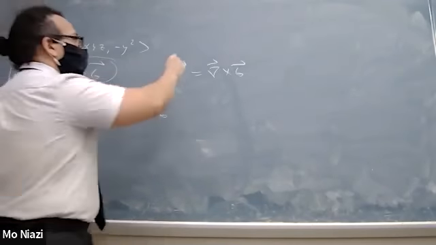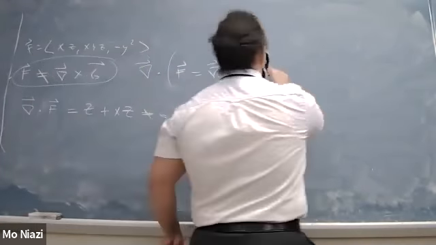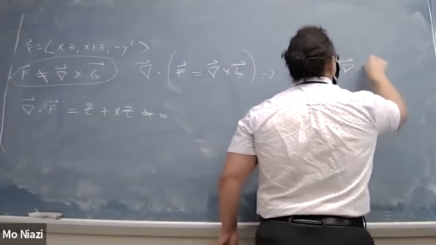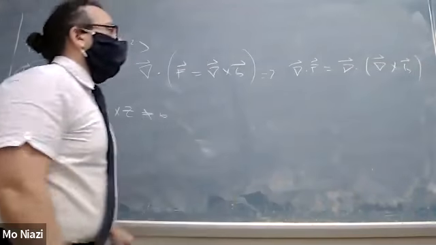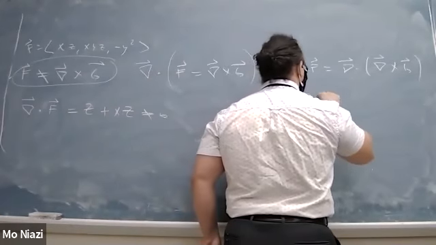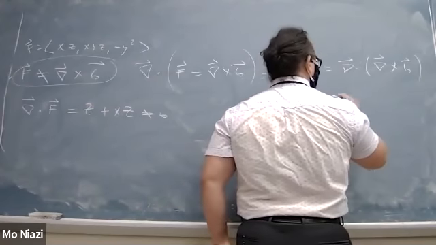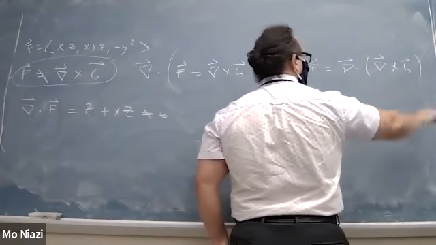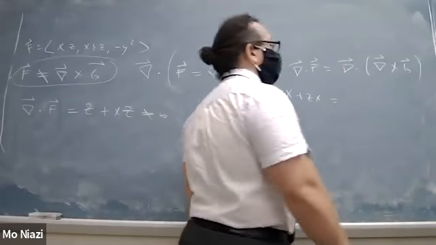Well, notice that what we can do is take the divergence of both sides. This implies that we get the divergence of F is equal to the divergence of the curl of G. But we know that the divergence of F is Z plus XZ. Oh, but we know that the divergence of a curl is 0.